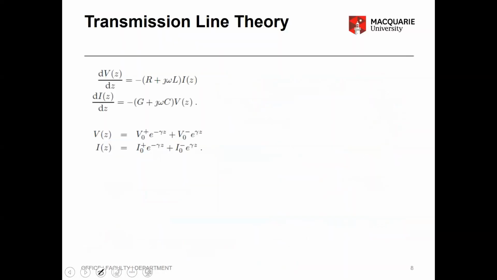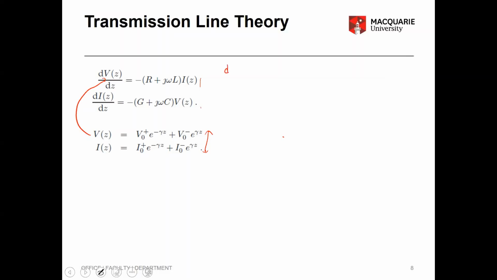So previously we saw these two equations from the previous one, and we know that these are the solutions for V(z) and I(z) in terms of V0+ e^(-γz) and V0- e^(γz). So instead of V(z), I can substitute this here.